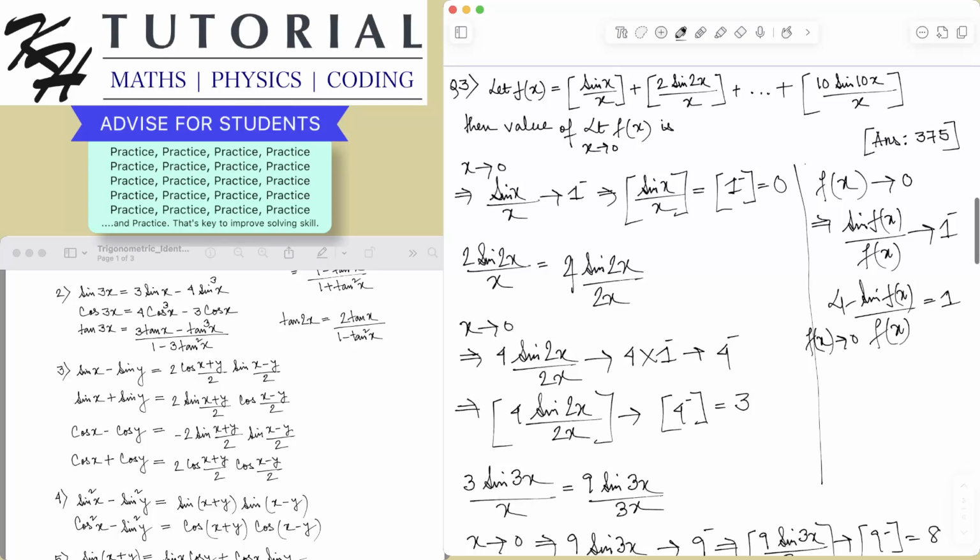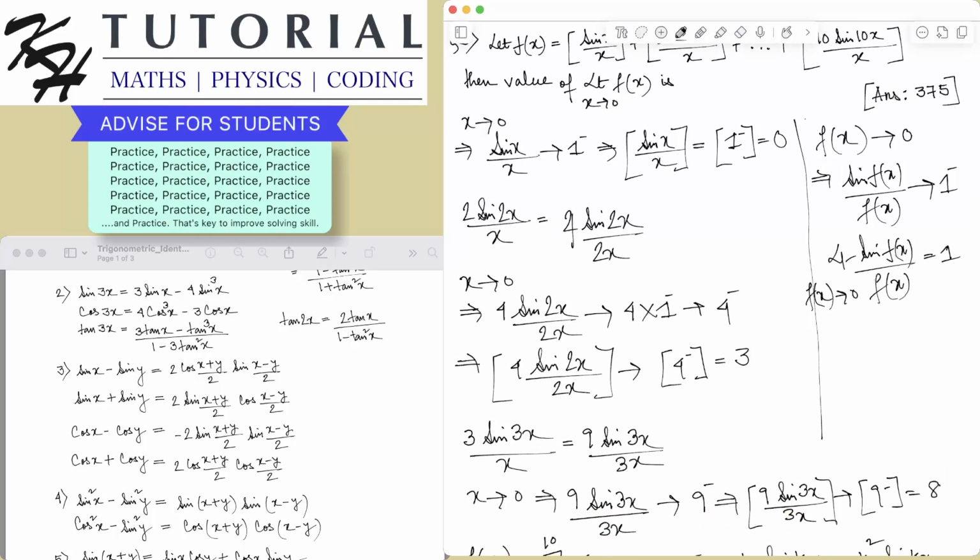You must be very familiar with all the standard trigonometric ratios and identities. Some special identities will be extensively used and are very useful in simplifying the problem, so that you can have factors of sin x and tan x to apply the standard results of sin f(x) by f(x) and tan f(x) by f(x).